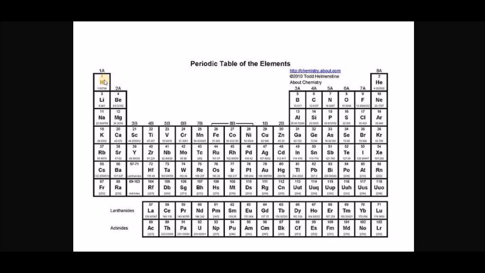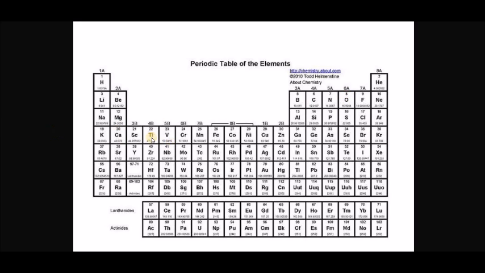The problem is they don't exist that way. They bond. They're highly reactive, except for this row right here. So we never just find an oxygen atom laying around by itself. Nature doesn't let that happen. So that's why we need to know what these numbers are, because they tell us how they'll stick together. And that's a whole other thing with chemistry I'm not going to teach you today, but this is called the atomic number, and it's very important.